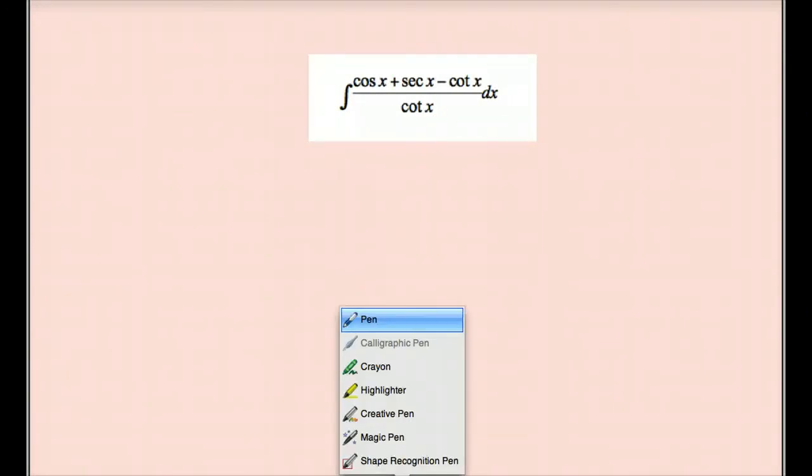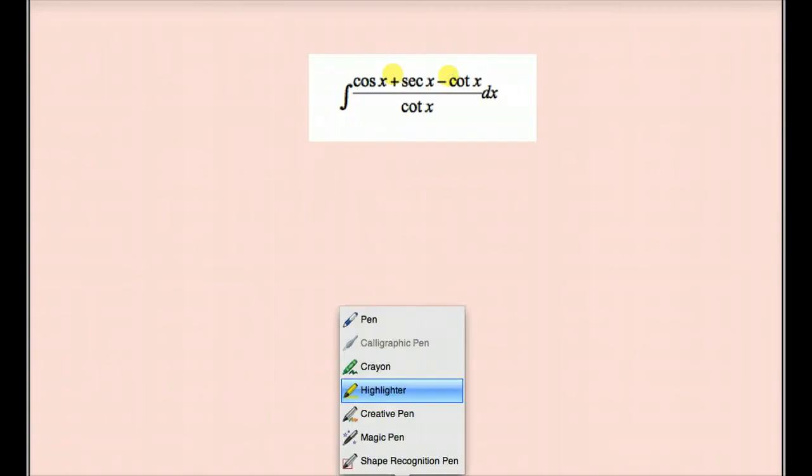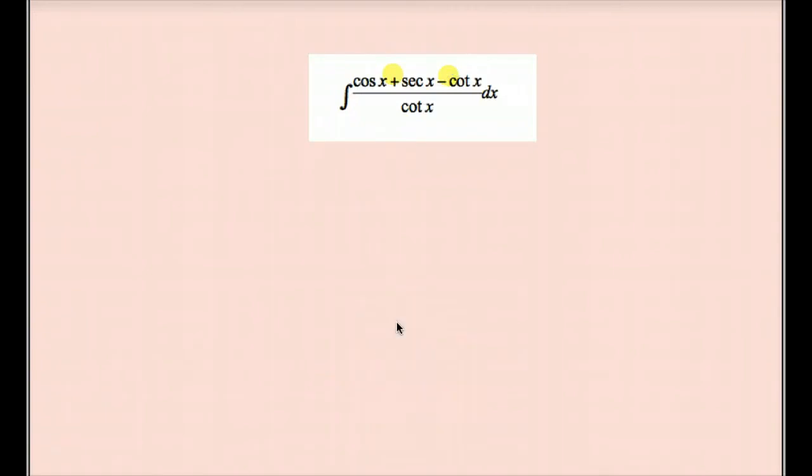And finally, let's take a look at the last problem. Once again, I have a denominator, but now I notice I have plus signs and minus signs in between. So just like we normally do when we have a denominator, we're going to try and break this up and then simplify it.